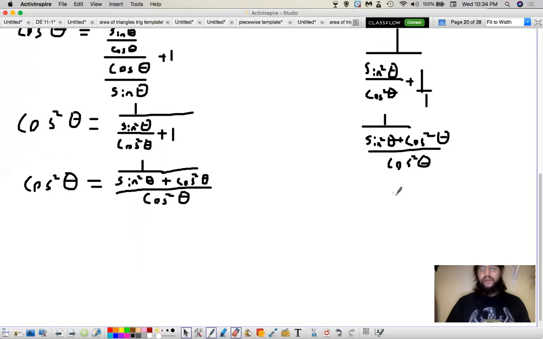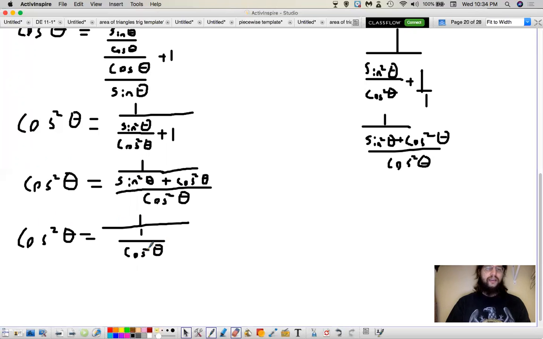Now I don't need to do any scratch work because I know that's a 1. 1 over 1 over cosine squared theta.